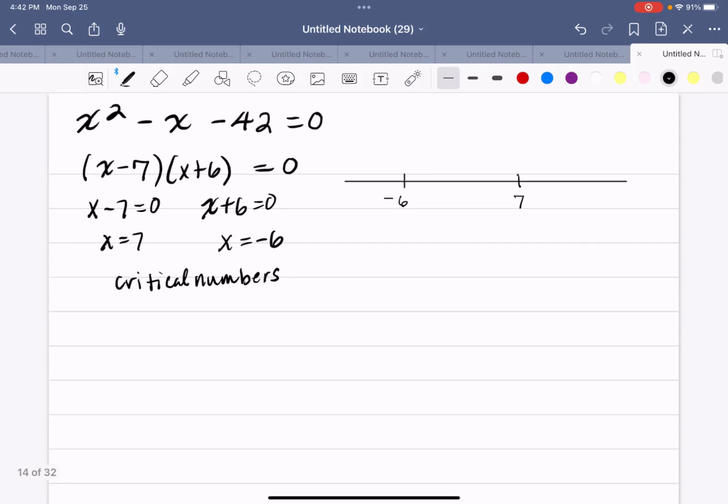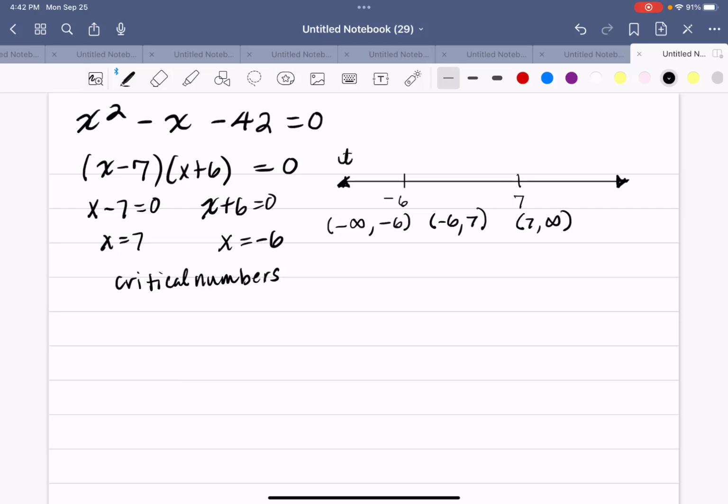Now this time our number line is divided into 3 intervals, from negative infinity to negative 6, because this keeps going, between negative 6 and 7, and then from 7 to infinity, because this keeps going. So I've got to pick my t values in 3 different intervals.